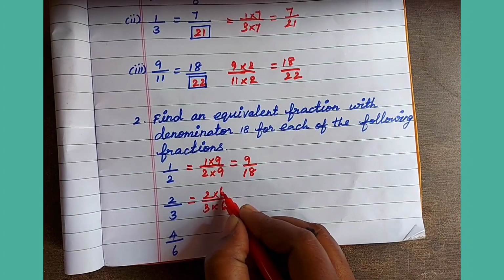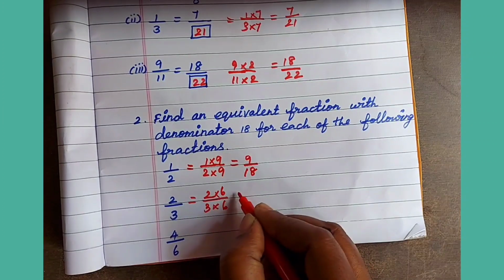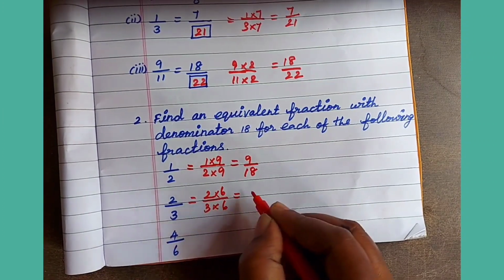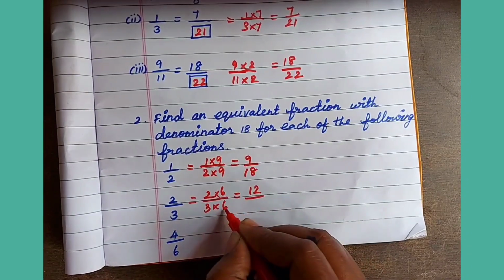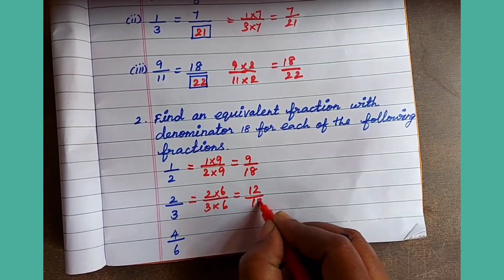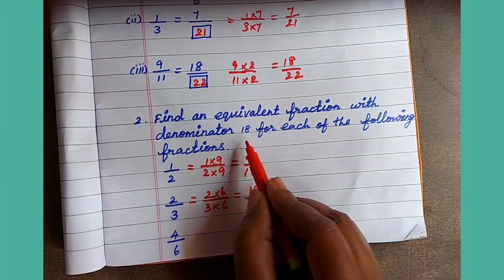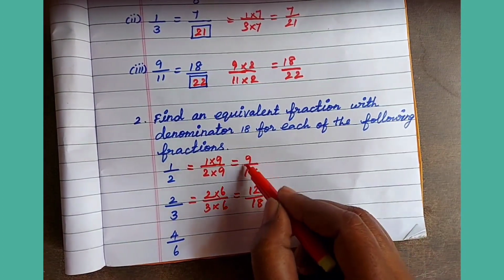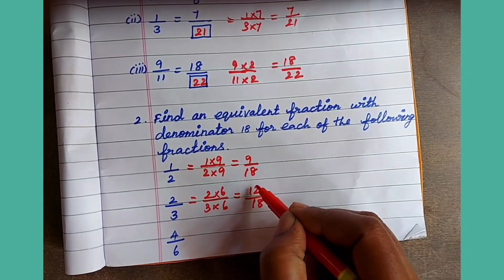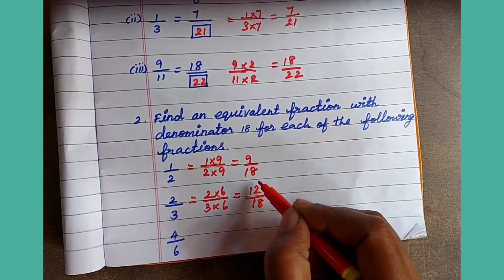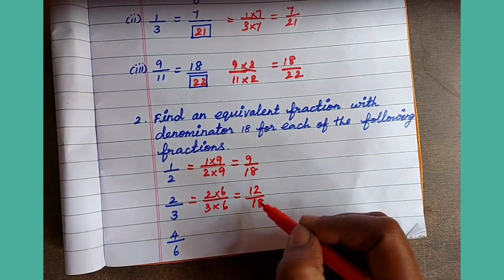Again we have to multiply the numerator also: 2 6s are 12 divided by 6 3s are 18. So we have to check the denominator value only, which is 18; the numerator value can be different.